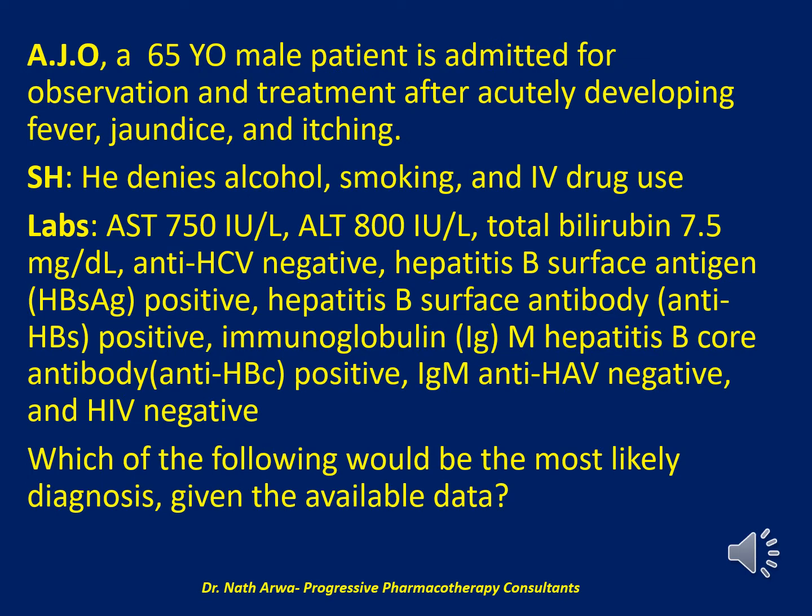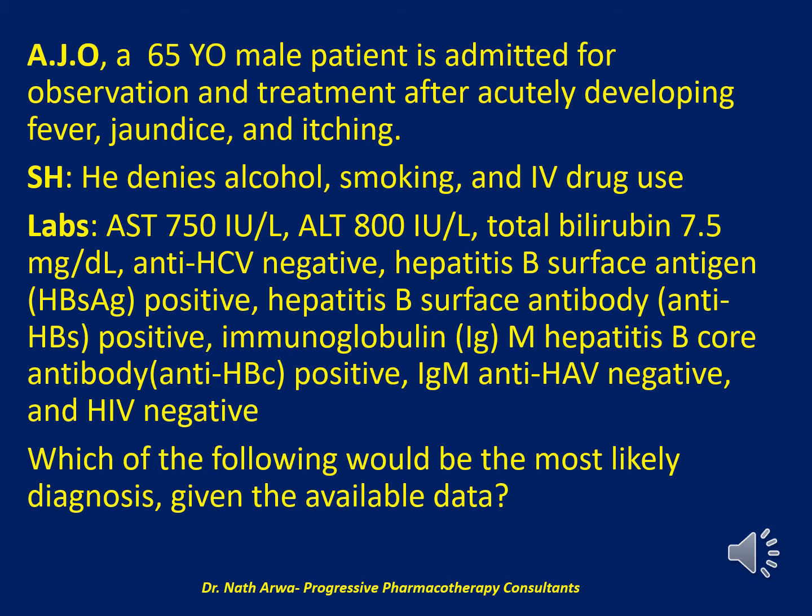And the next question reads, AJO, a 65-year-old male patient is admitted for observation and treatment after acutely developing fever, jaundice, and itching. With regard to his social history, he denies taking alcohol, smoking, and IV drug use.